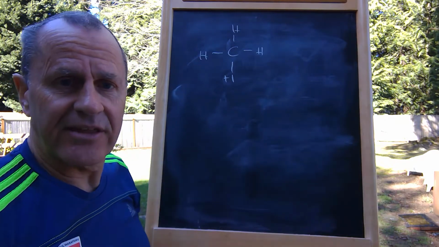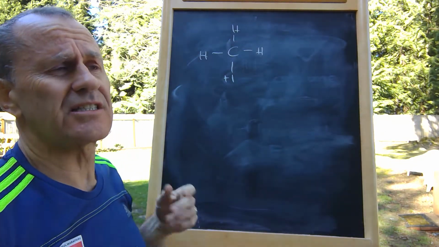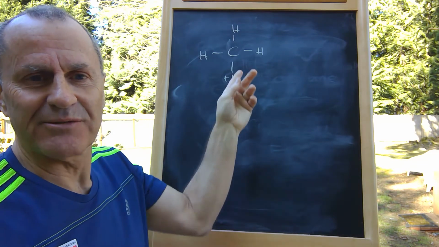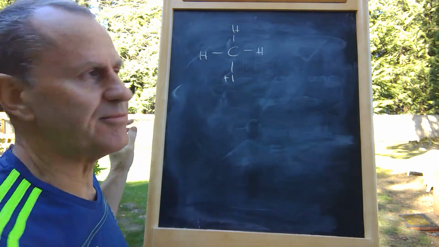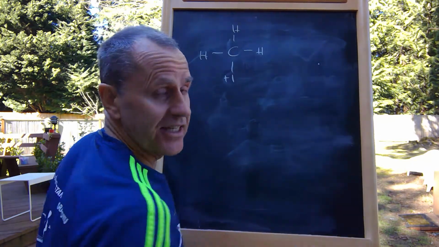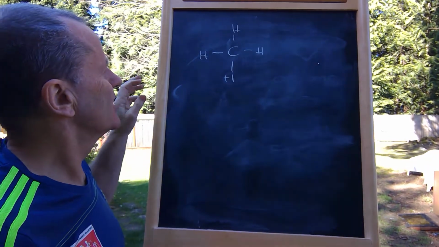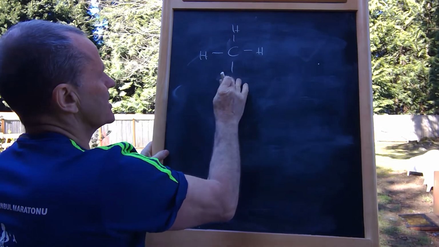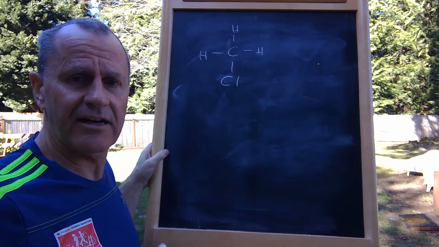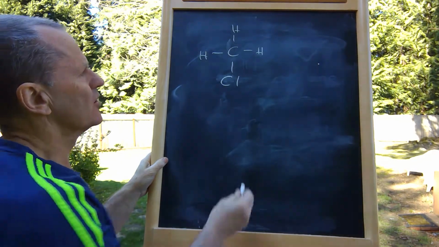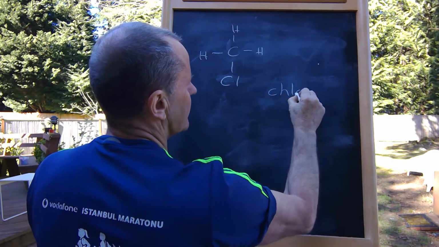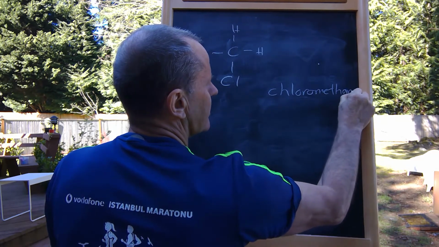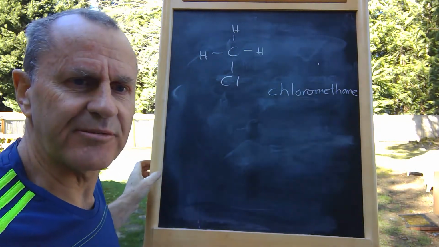So here is our methane in the old-fashioned way. It's just amazingly dull in the new zigzag line way, and obviously we can't represent that with a zigzag line model because it looks like that, which doesn't help anybody. But let's see what happens with this very simple hydrocarbon if we just do this. And that is now chloromethane. Now, I didn't leave myself much room there, but you can kind of read it.